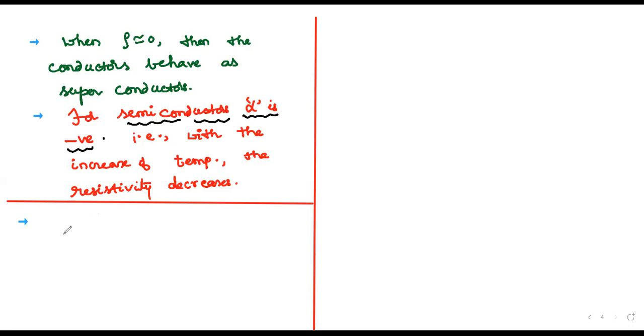Heat means more opposition for the flow of electrons is required. More opposition means more resistance is required. More resistance means by the increase of temperature, the resistance should increase quickly, not slowly. So for such types of materials, what do you use?